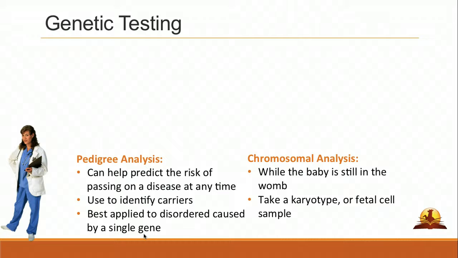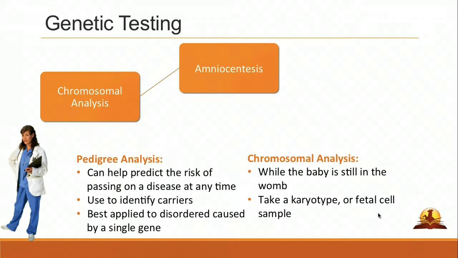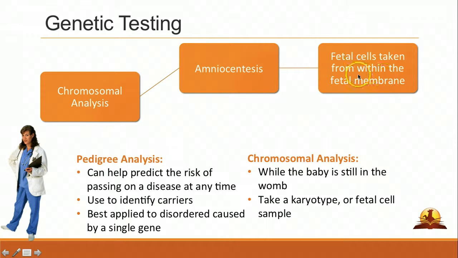To be even more specific or exact about what a child will contract, you can use chromosomal analysis. It's done while the baby is still in the womb, and you take a sample of the fetus, which is called a karyotype, a fetal cell sample. Chromosomal analysis has two different kinds. One is called amniocentesis, in which you take the fetal cells from the membrane.